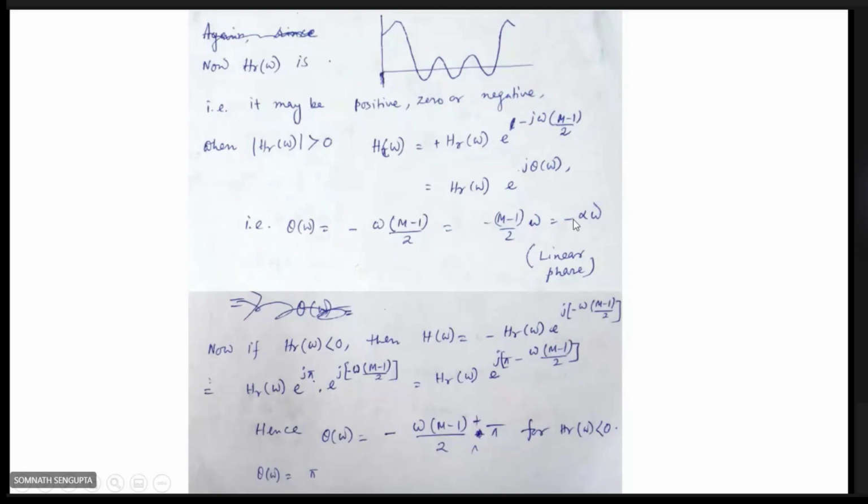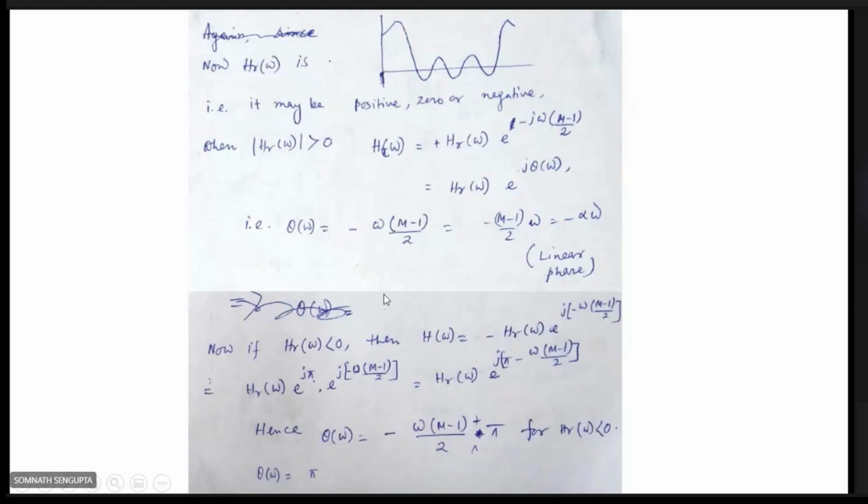So we have discussed alpha omega, that is theta varies as omega in case of linear phase. Theta is equal to alpha omega plus or minus alpha omega, where alpha is actually the center of symmetry of the impulse response. Okay. Sample number, the exact sample location.